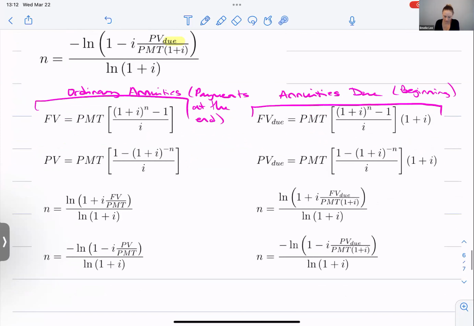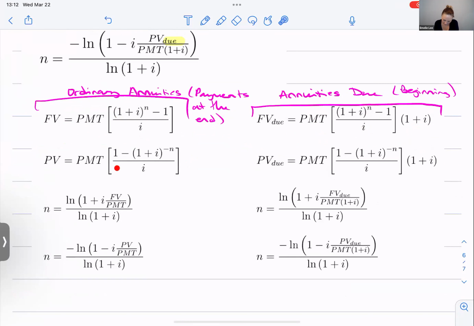But if you go through and compare these formulas, PMT times 1 plus i to the n minus 1 over i, or minus 1 over i, the only change here is the 1 plus i. It's going to make a difference, just slightly, but it does change the value.